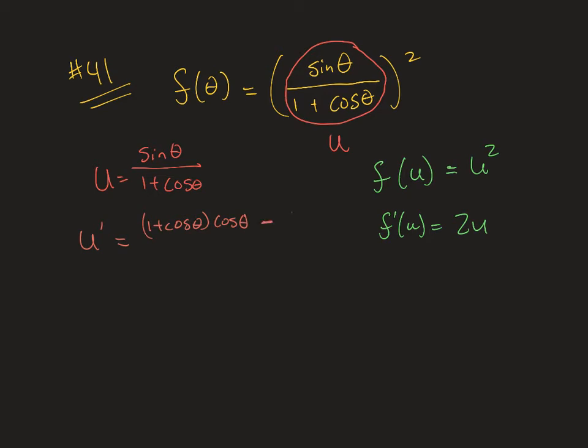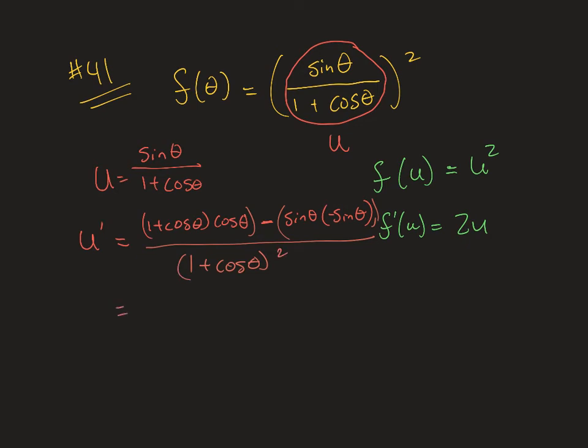So u is sine theta, and the derivative of the denominator is going to be 0 plus negative cosine theta. So that's just negative sine theta, I should say. So that's v u prime minus u v prime over v squared, which would be 1 plus cosine theta quantity squared.